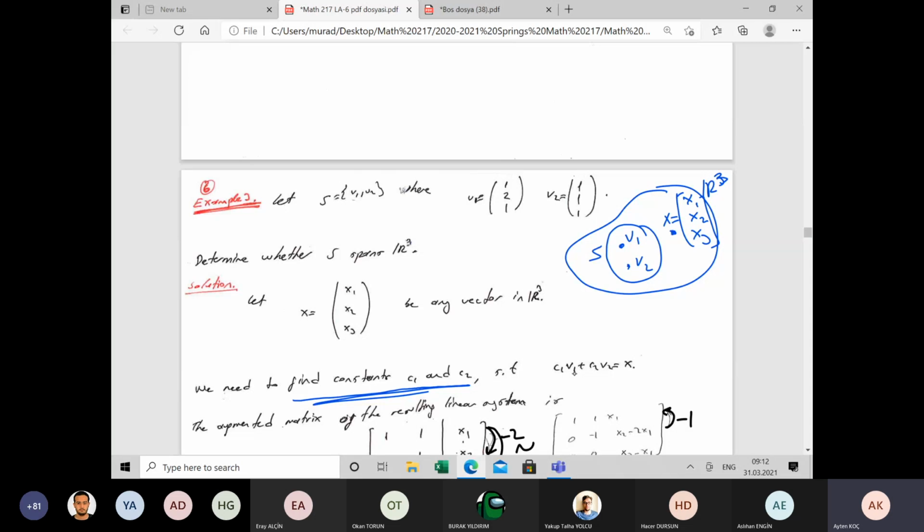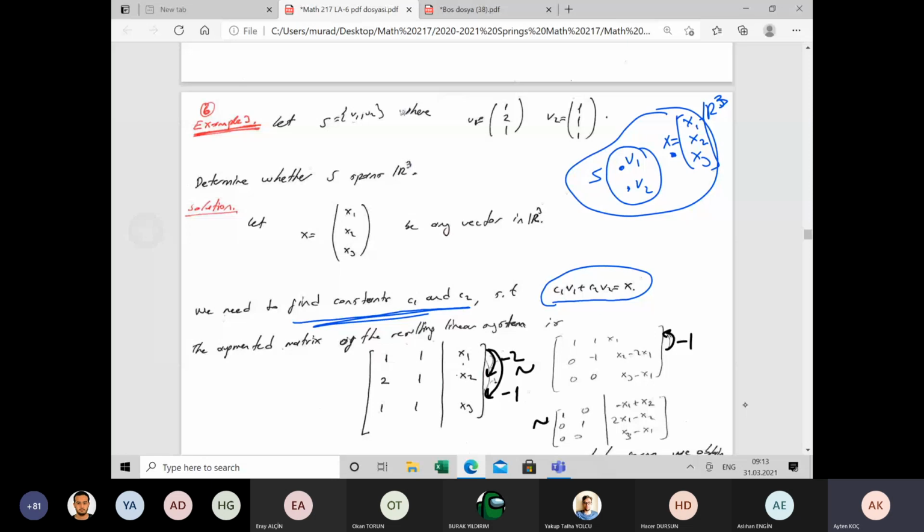What does this mean? Right here we obtain a linear system. The unknowns are c1, c2, and there are three equations because the vectors have three components. Here the coefficient of c1 is v1, write v1 here, 1, 2, 1. And the coefficient of c2 is v2, here 1, 1, 1, and the right hand side x is x1, x2, x3.